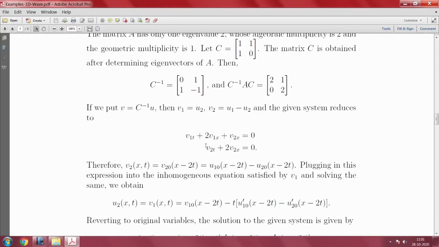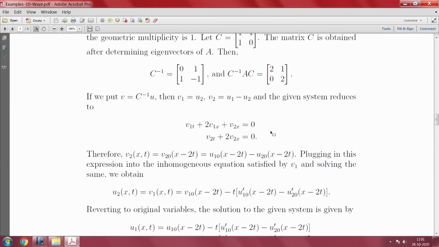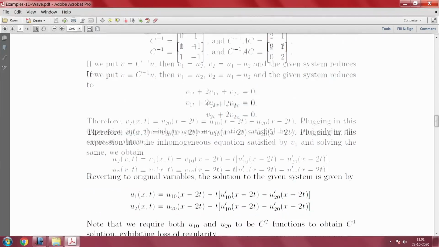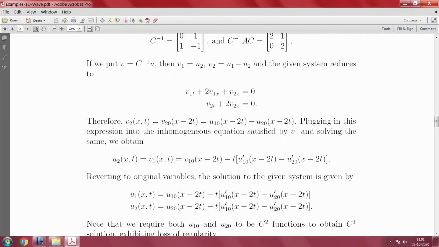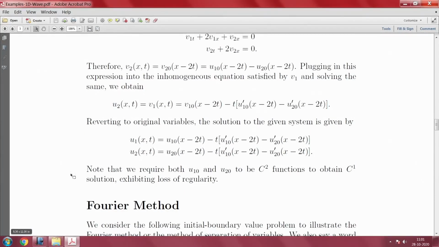So, equation for V2 is a first order equation which is homogeneous, whereas for V1 it is inhomogeneous, where V2 appears as inhomogeneous term, but V2 is determined by the second equation. So, that V2 is known. So, if you work out again by method of characteristics, so I have written here the final solution.